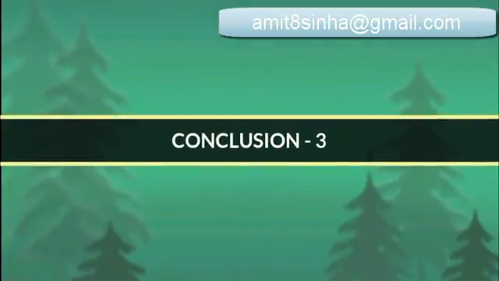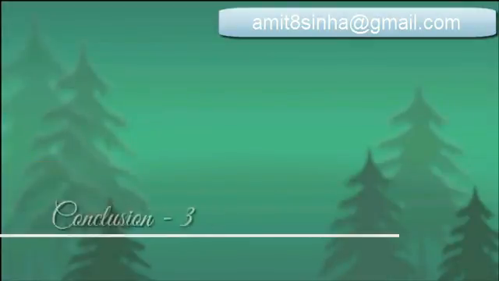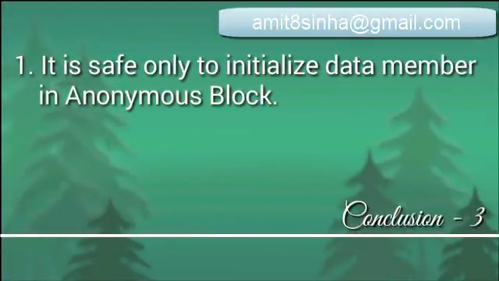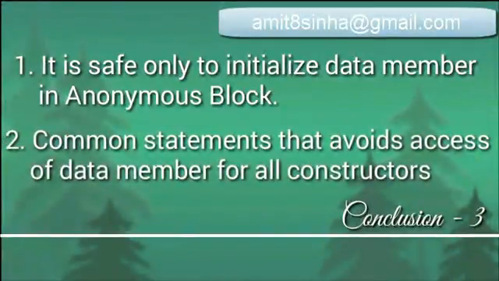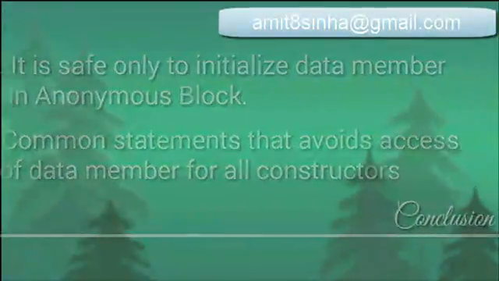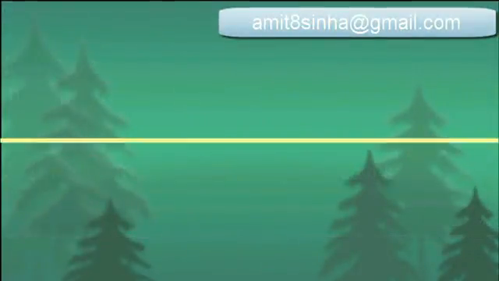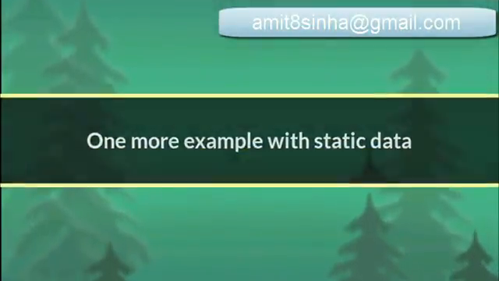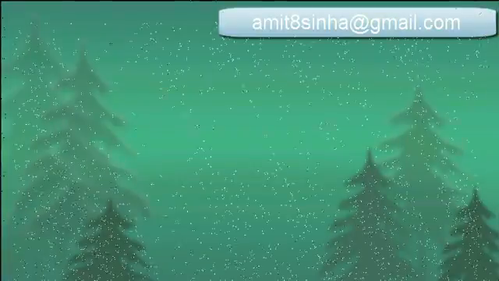In this example, we see that only initializing data is safe in an anonymous block, but if we are adding some statement, it should avoid accessing any data member. Let us see an example using static data in an anonymous block.